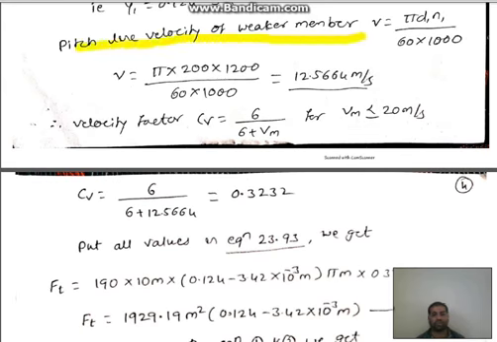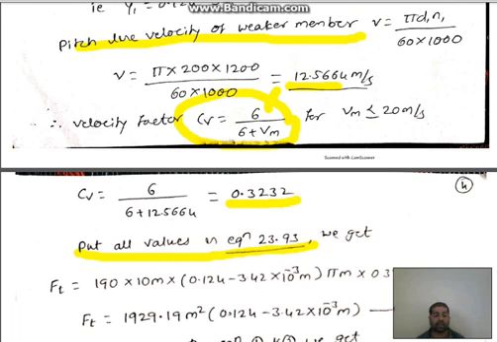Calculate pitch line velocity. Here the pitch line velocity is less than 20 meter per second. Then we use the velocity factor equation, this one. Then calculate velocity factor. Put all the above values in the equation number 23.93.